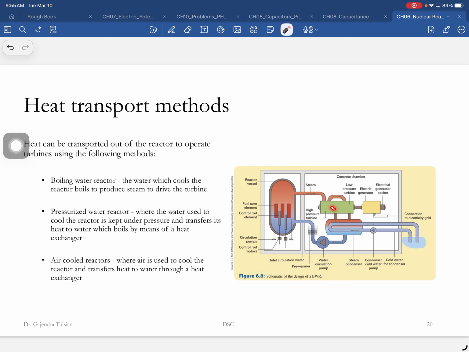The turbine is what is turning that wire in the generator, okay? And then you build nuclear power plants near large bodies of water, and you take water from the lake and cool this steam down to pass it back through the nuclear reactor.